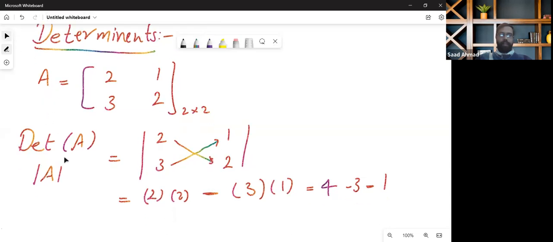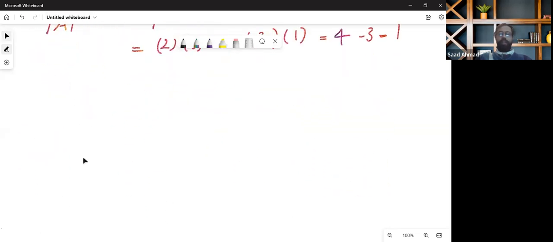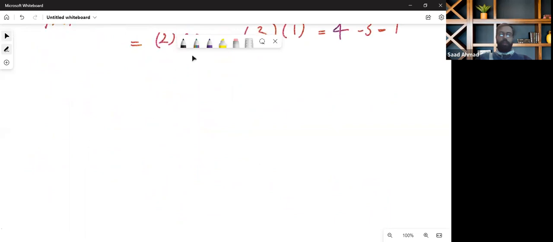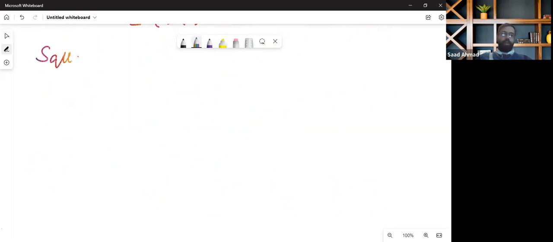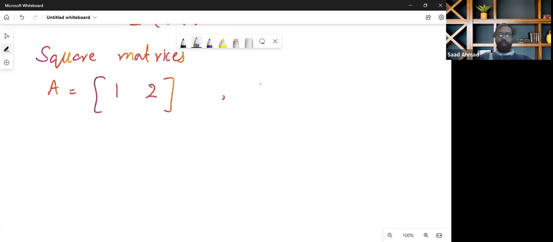And there is another thing about determinants: we can only find the determinant of square matrices. All right, let's say someone gave you a matrix like this and asked you to find its determinant.